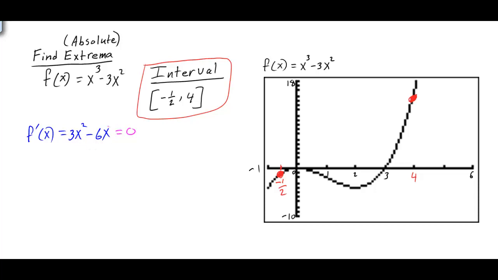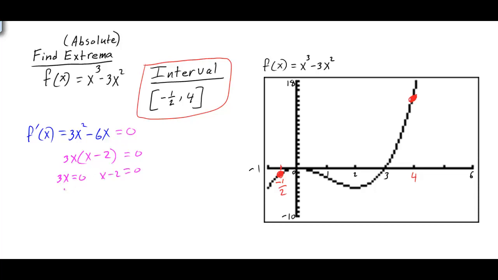Then we're going to set the derivative equal to 0. Remember, we're looking at where the derivative is equal to 0, so now we simply solve for x. We could factor out a 3x, and we would have x minus 2. If we set each factor equal to 0, we end up with 3x equals 0 and x minus 2 equals 0.